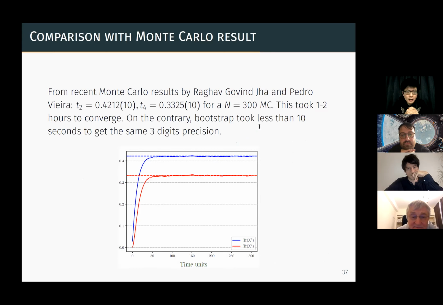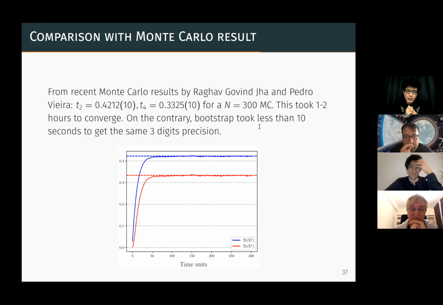We can compare this result with Monte Carlo results on the same subject. These are Monte Carlo results recently obtained by Raghav and Pedro. They got 3 digits of precision on T2 and T4. Of course, this prediction falls into our rigorous bootstrap bound. They did this with an n equals 300 Monte Carlo simulation, which took 1 to 2 hours to converge.